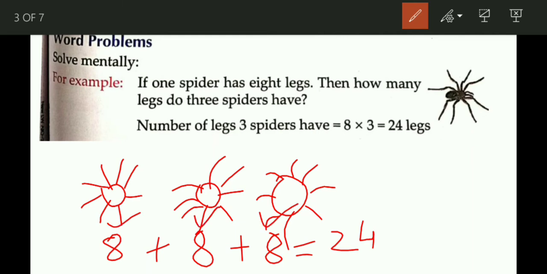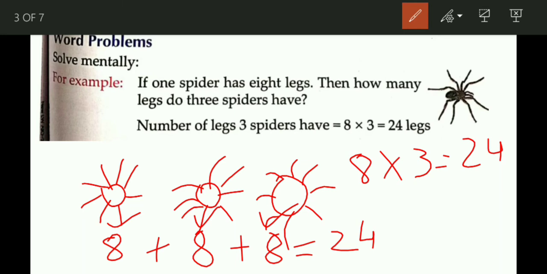That means 8 into how many times? Into 3 times. So you can also do it like this: 8 into 3 is equal to 24. Okay. So the easiest way for you to do it is to just say 8 into 3 is equal to 24. But I have to show you like this so that you will understand.